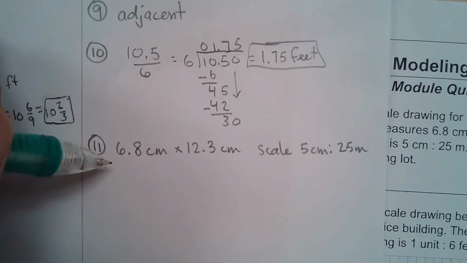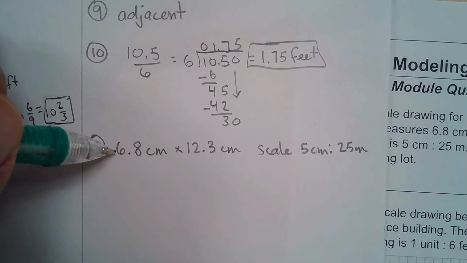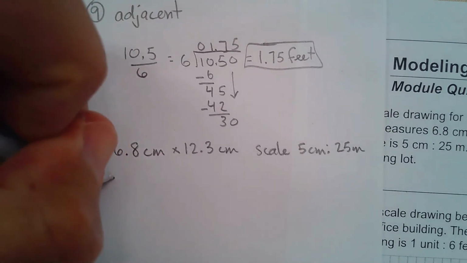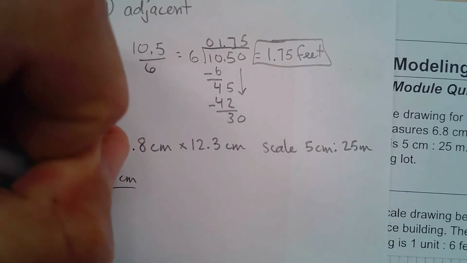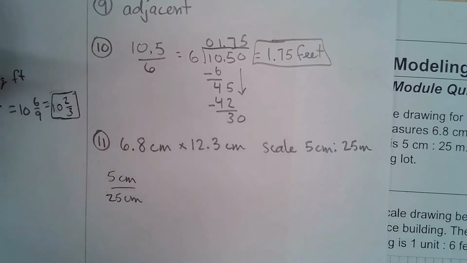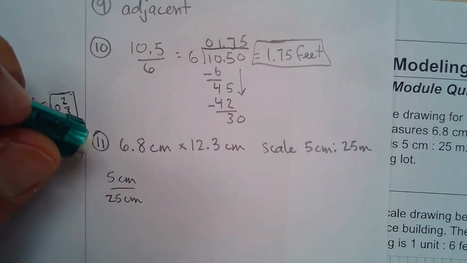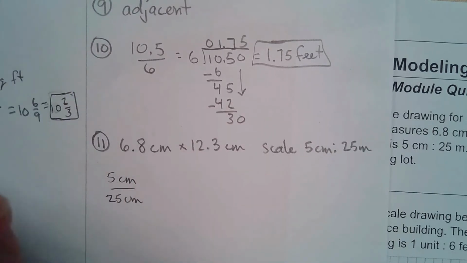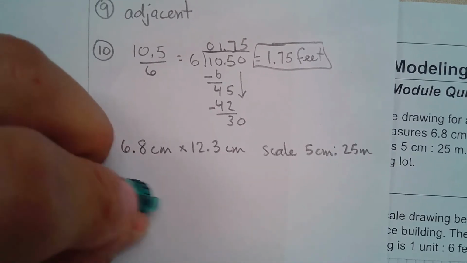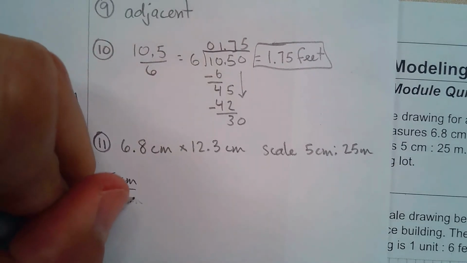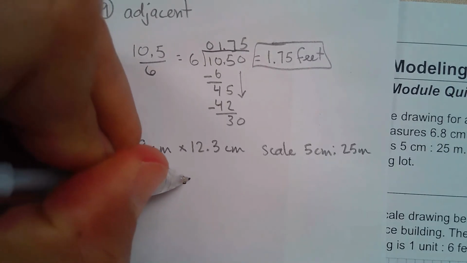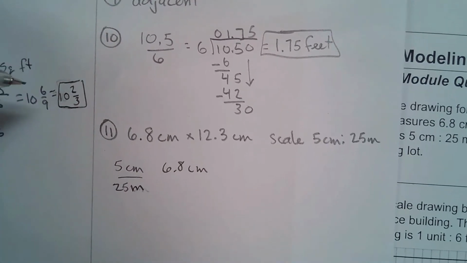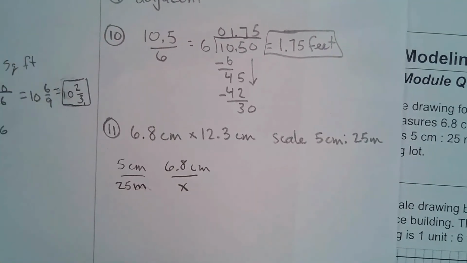I would have to change, well, if we have our scale as 5 centimeters is 25 centimeters, oh, 25 meters, right? Yeah, I'm sorry. This is meters. Then if we have 6.8 centimeters, that's how many meters then?